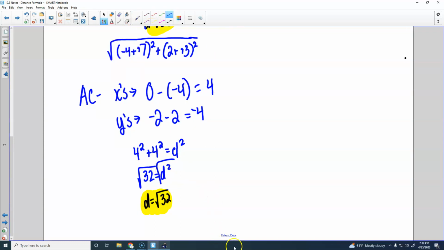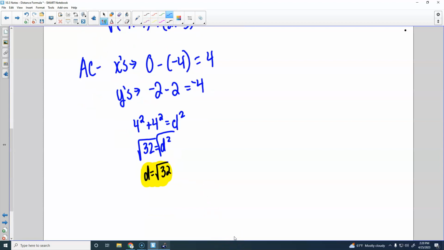Or it would have been perfectly okay here instead to do square root of 0 minus negative 4, which is a plus 4 squared plus negative 2 minus 2 squared, like that. That'll give you the same answer and a little bit faster.